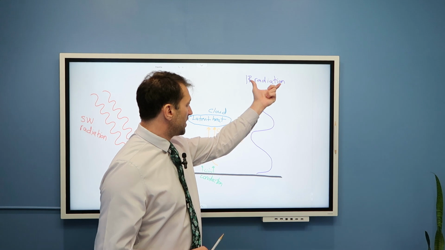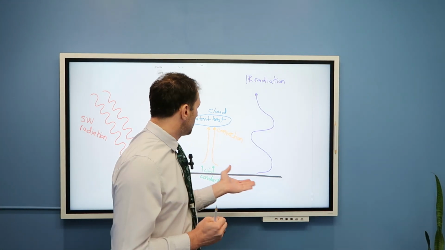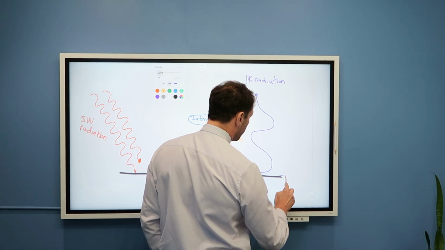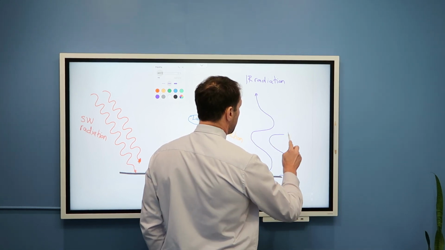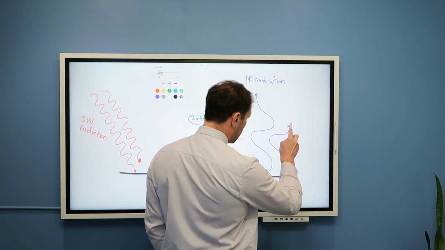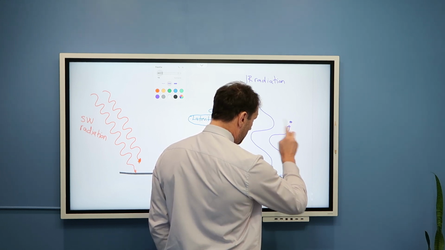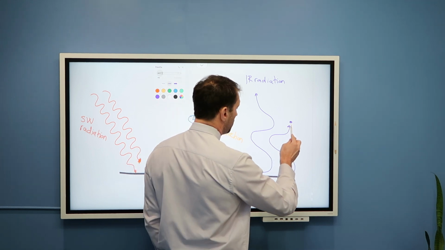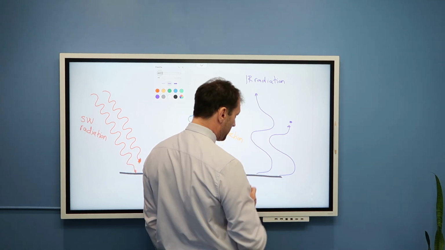What goes back into the outer space does not contribute to warming up the atmosphere, but some part of this radiation is being absorbed in the atmosphere by molecules and atoms. Let's say this molecule absorbed this infrared radiation.